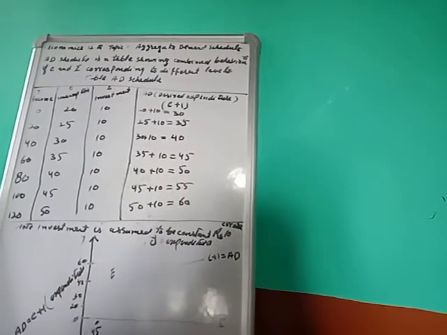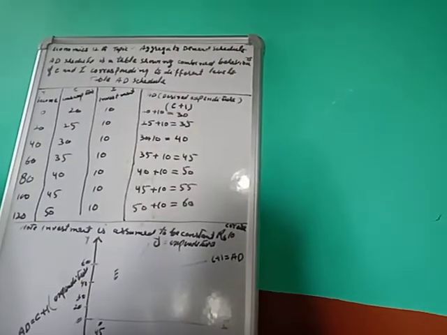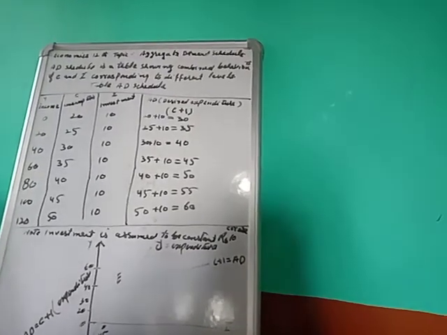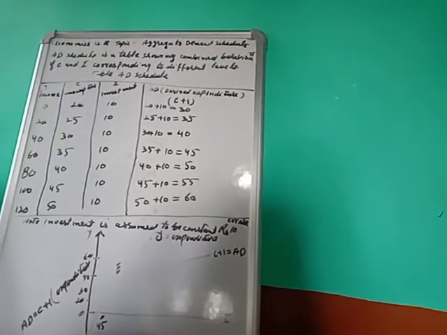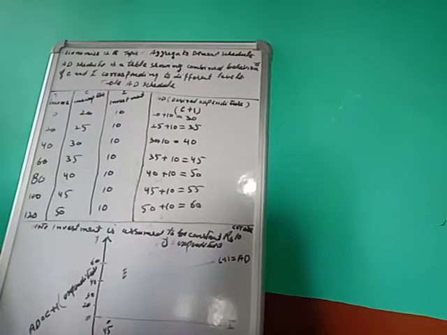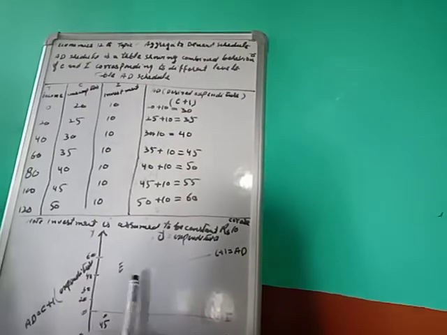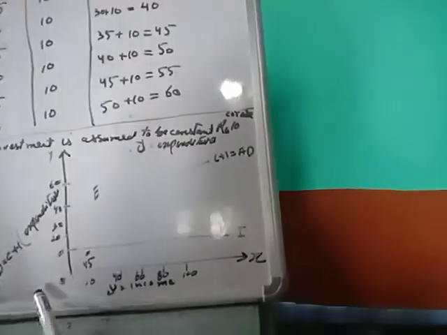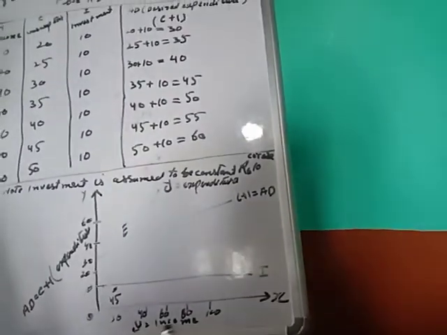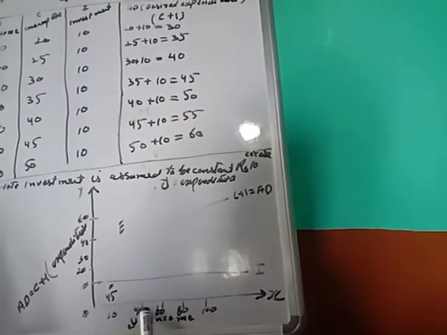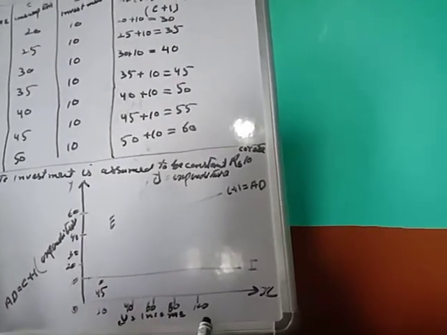When Y is equal to rupees 80 crore, this is the situation when people want to start saving a part of their income. Now the same can be explained with this diagram. On the OX axis we have taken income, that is Y: 20, 40, 60, 80 and 100.